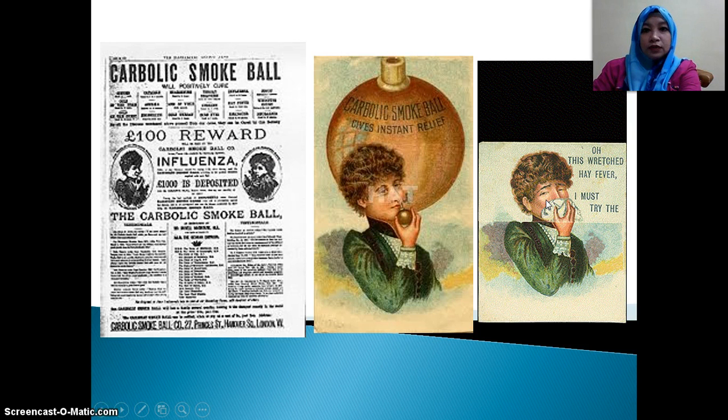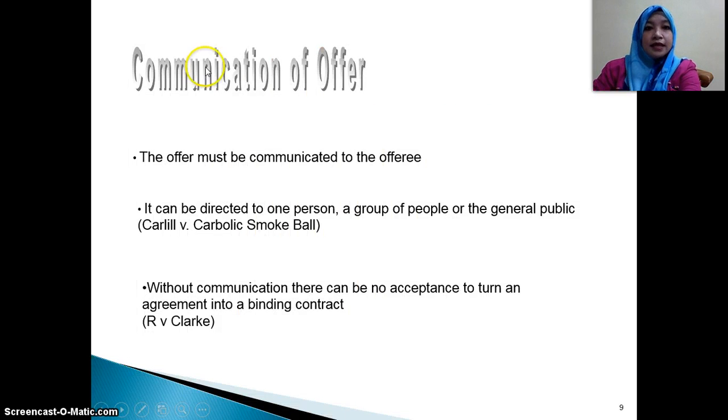According to this case, the company offered to the public that whoever still got influenza after consuming this carbolic smoke ball could get a reward of 1,000 pounds sterling. In this case, the plaintiff won because she still got affected after she consumed the smoke ball medicine.